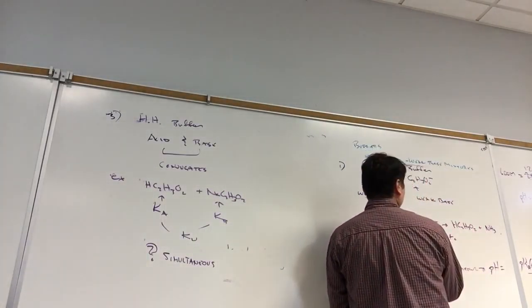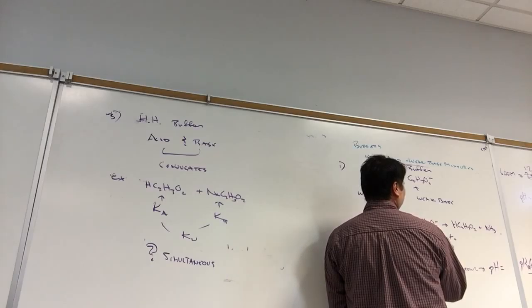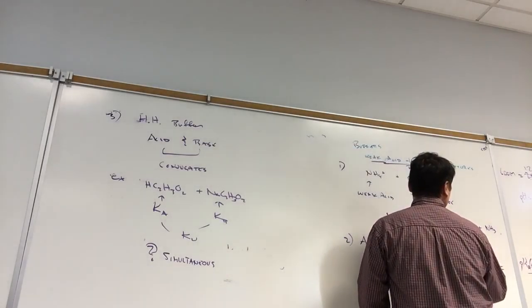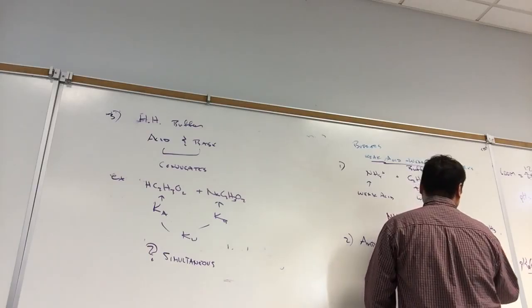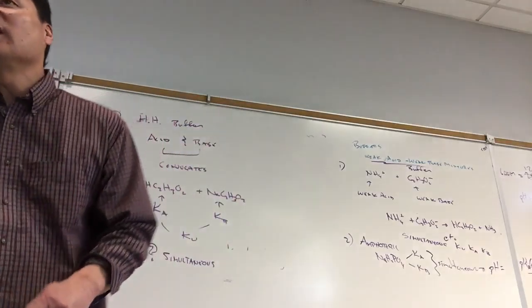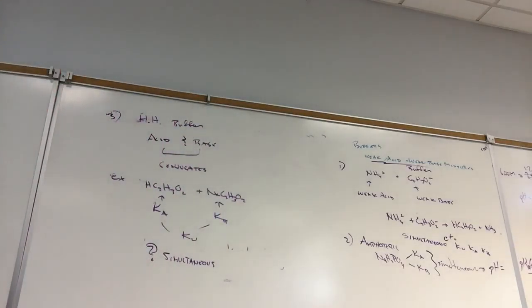So over here we have to do simultaneous with Kw, Ka, and Kb. For the Henderson-Hasselbalch, is simultaneous required? It's a weak acid, weak base mixture. There's a Ka, Kb, and Kw.